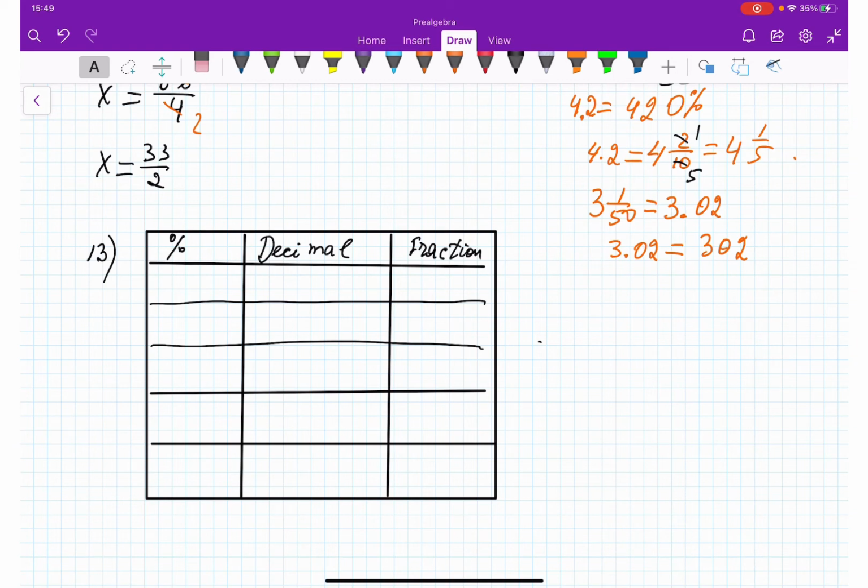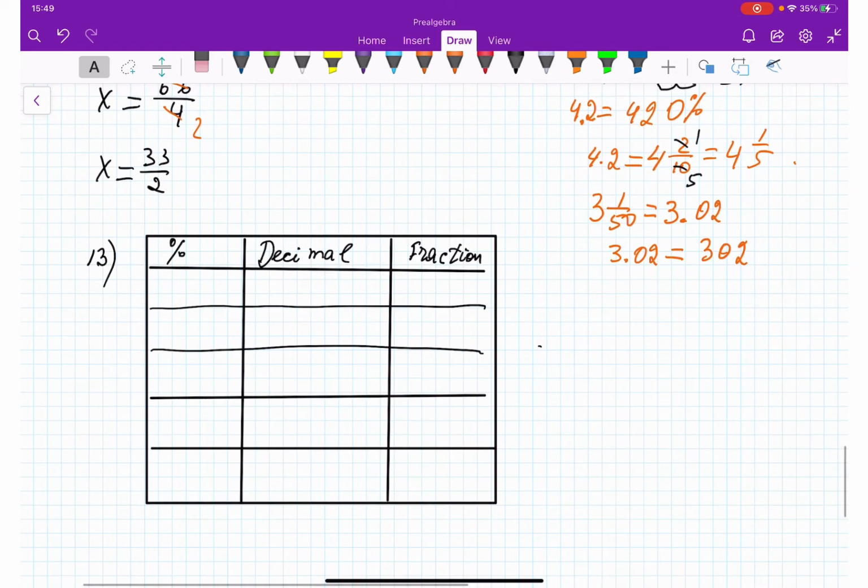All right, so we have 25%. We have here 0.245. We have here 3/4. We have here 11 and 1/9%. Here we have 7/8.